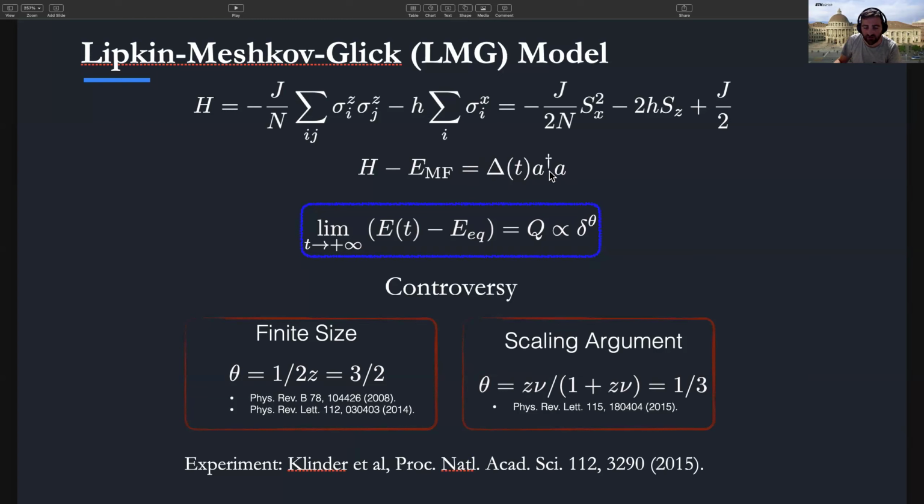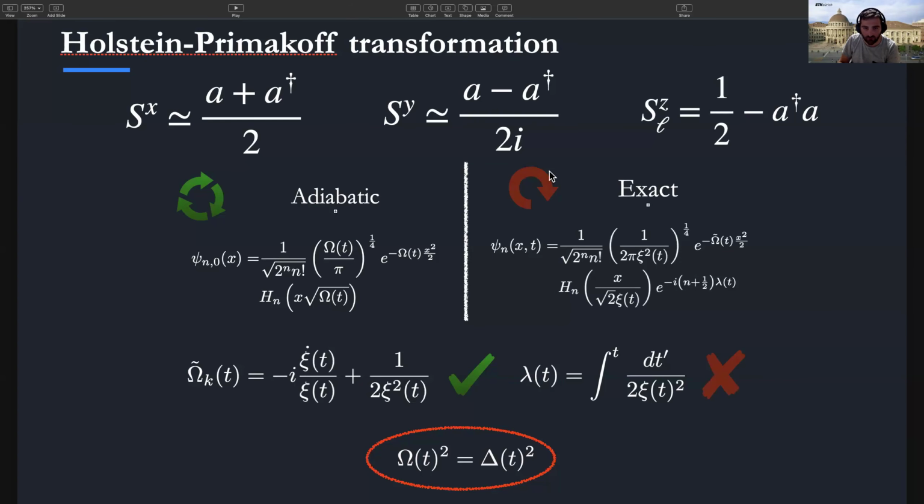Your Hamiltonian looks like the one of a single boson with a certain energy delta, which is exactly equal to the gap of the system. And the cool thing about a single boson Hamiltonian is that we can solve it exactly. We can give you the wave function, and we can solve the dynamics exactly at each time. And so we can compare the adiabatic dynamics, the one that would be obtained if the system were always satisfying the adiabatic condition, with the exact dynamics, which is the one that's really occurring close to the critical point.